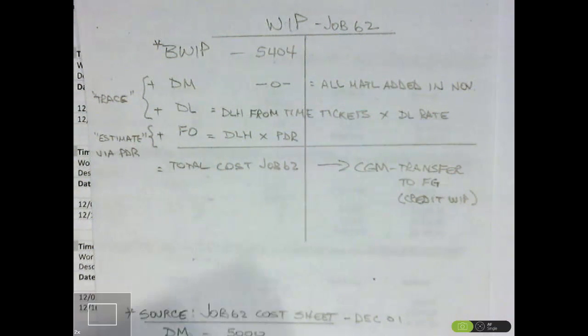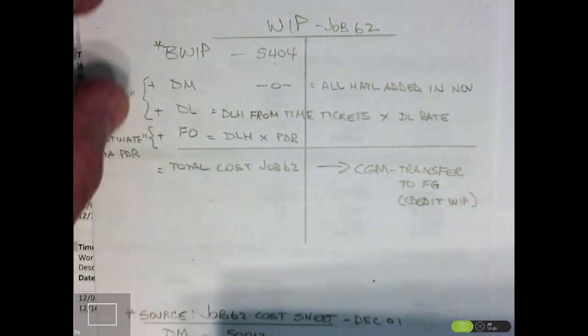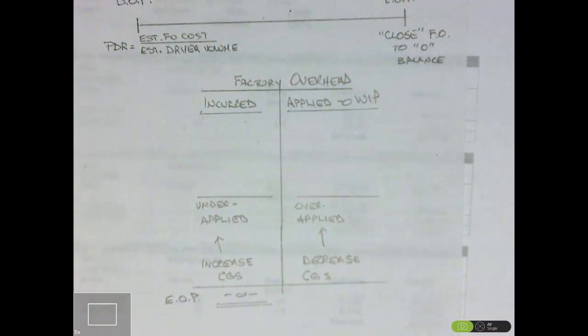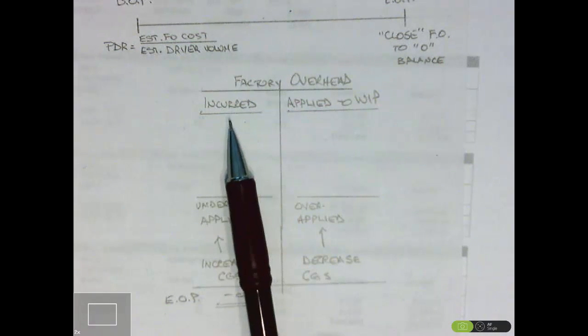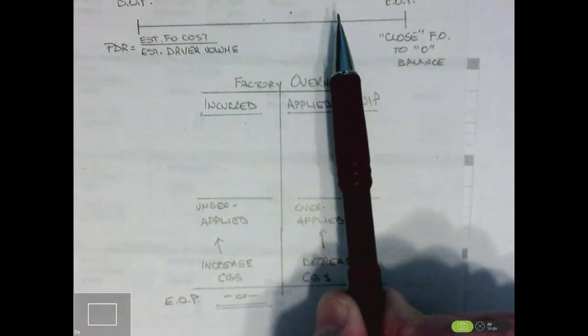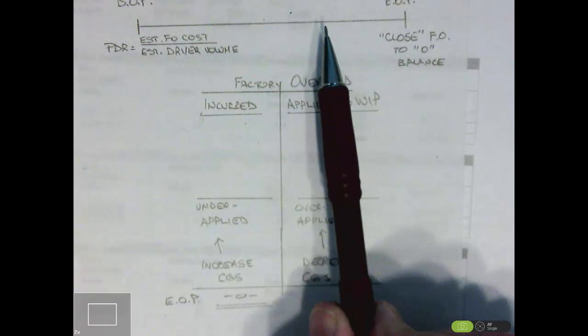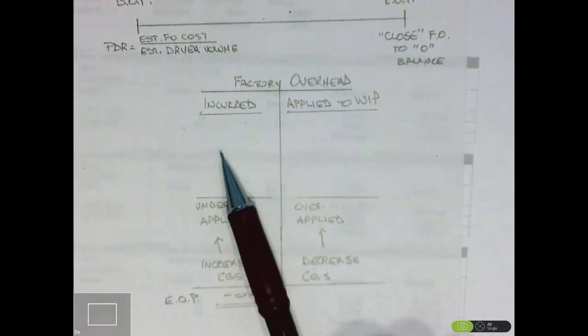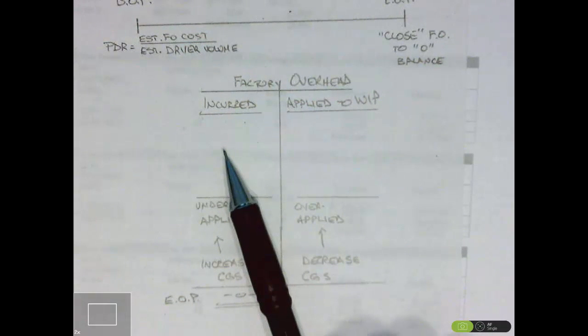Okay, now let's see where this factory overhead is handled. Factory overhead will have its own general ledger or T account. And here's how this game works. As costs are incurred during the year, this is the current year, so as costs are incurred for supervisory salaries, depreciation, insurance, taxes, utilities, and all the other costs that comprise factory overhead, they are used to increase or decrease the factory overhead account.